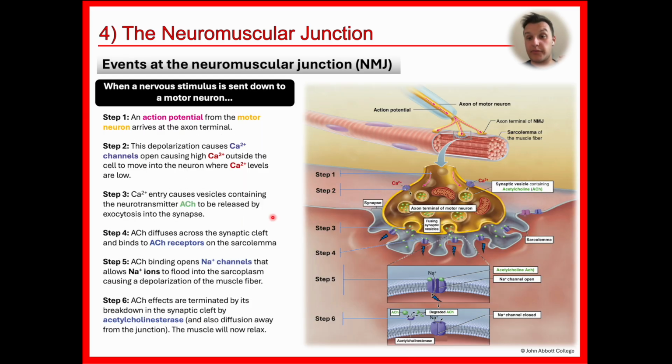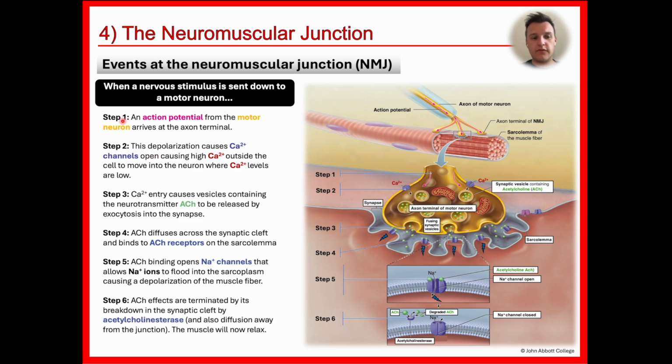Now I'm going to go through a bit more detail on the neuromuscular junction steps. From the stimulus being sent down the motor neuron all the way to that wave, that action potential wave, I want us to know a bit more detail, certain channels that open up, like what causes this electricity.